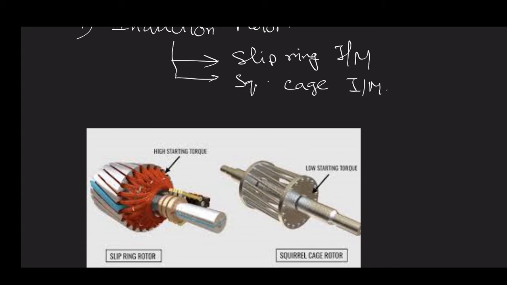There is no better way to understand the construction of a machine than watching a practical video where someone is dismantling a machine in a workshop. If I try to deliver a lecture on machine construction, it will become extremely boring.